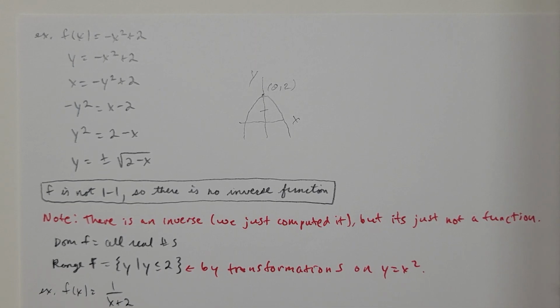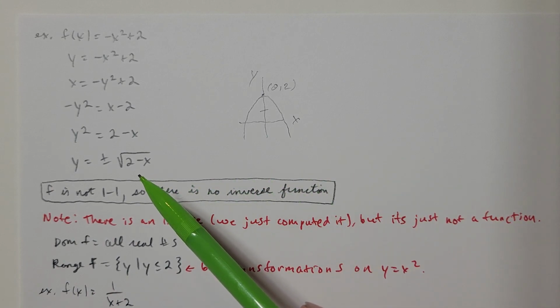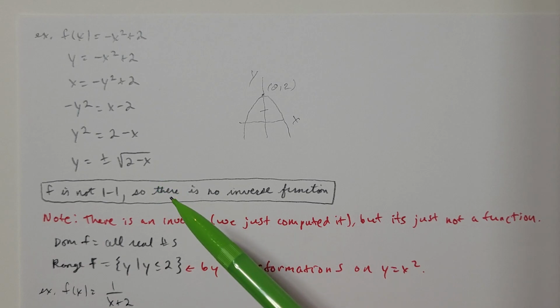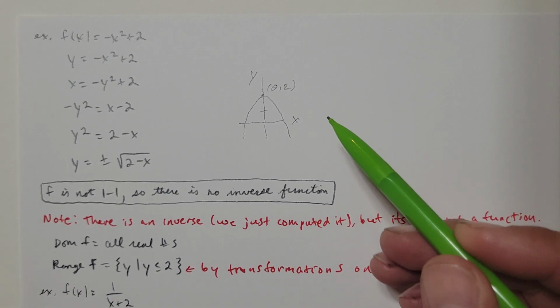Remember that the range of a function is always the same set as the domain of the inverse. Well, here's the inverse. What is its domain? Okay? Domain means I'm talking about x. So the square root of 2 minus x, well, I know that I don't want 2 minus x to be a negative.